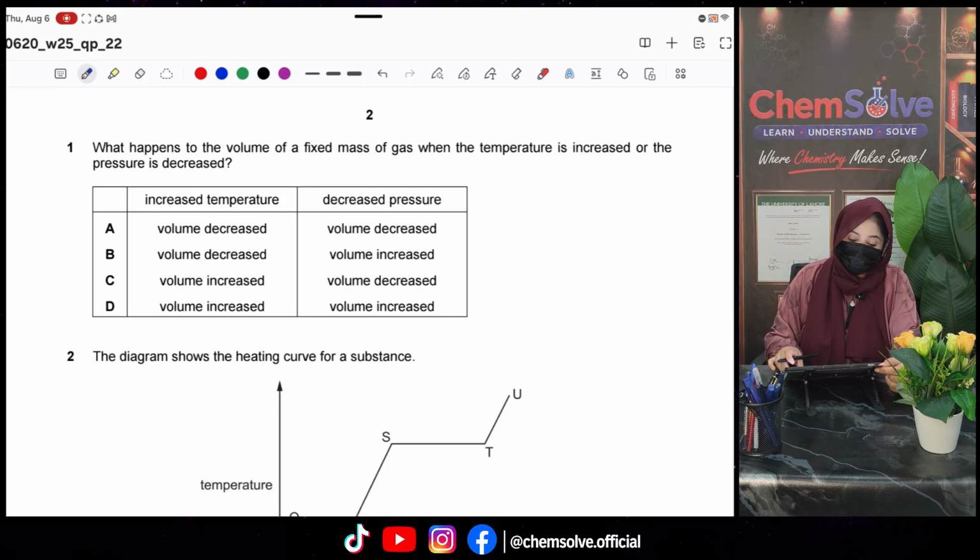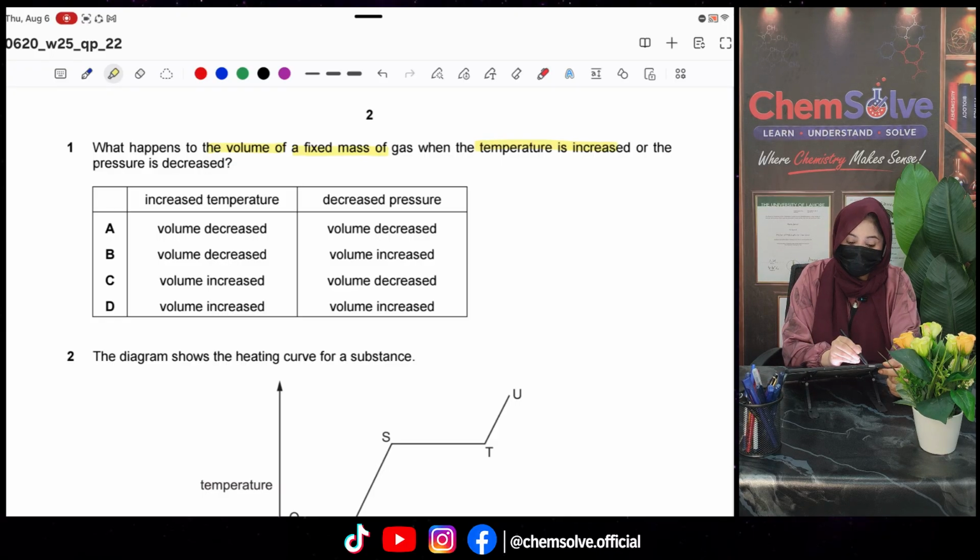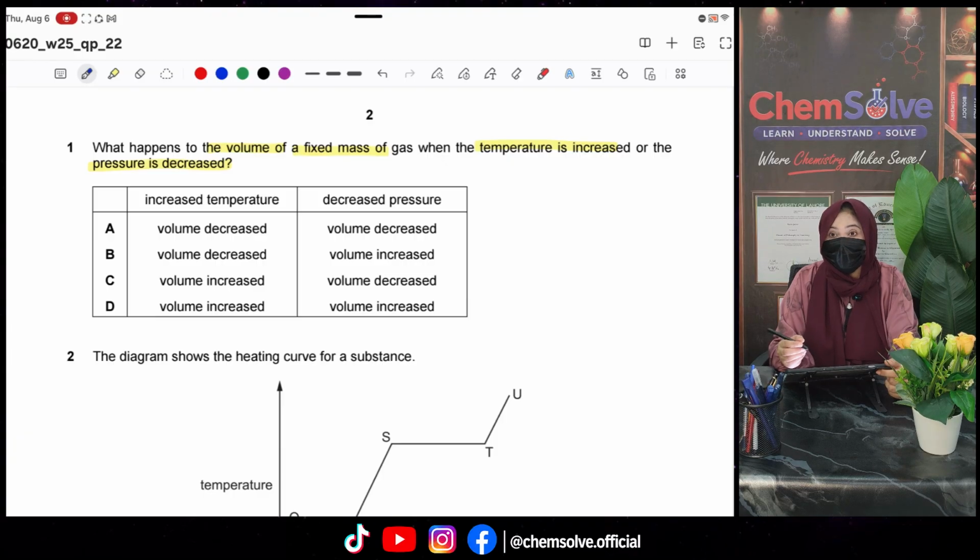Okay, question number 1. What happens to the volume of a fixed mass of gas when the temperature is increased or the pressure is decreased? So let's understand the relationship of volume with the temperature as well as with the pressure. My dear student, volume and pressure are inversely proportional to each other.